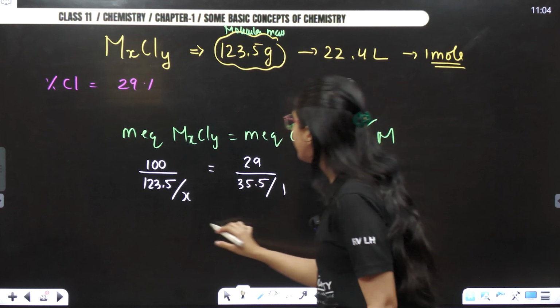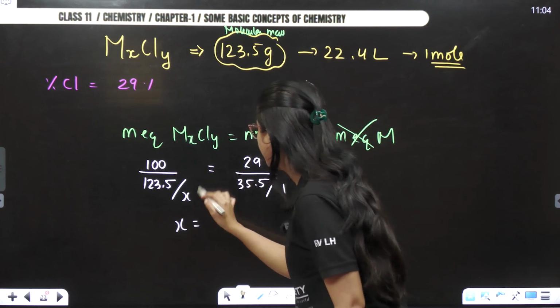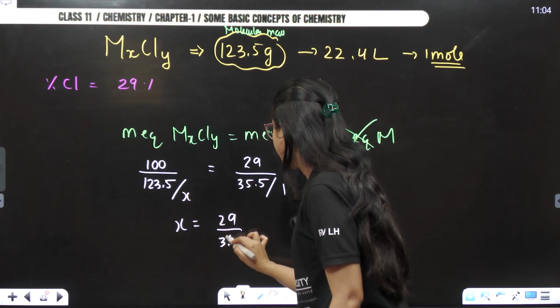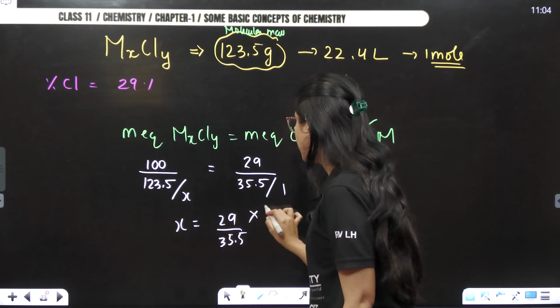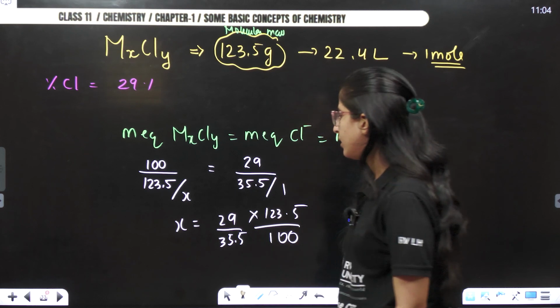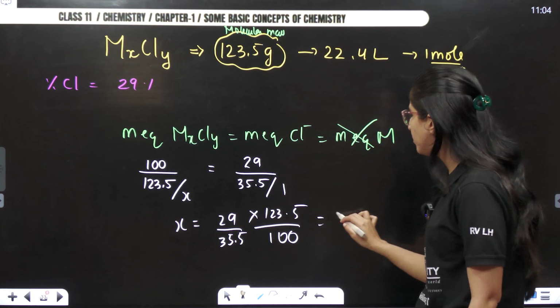From this, the X value will be 29 divided by 35.5 into 123.5 divided by 100. Correct? So you will get around 1.